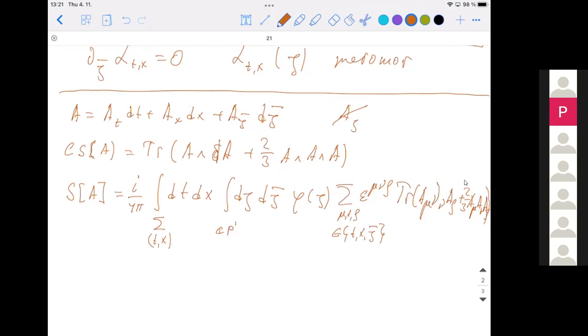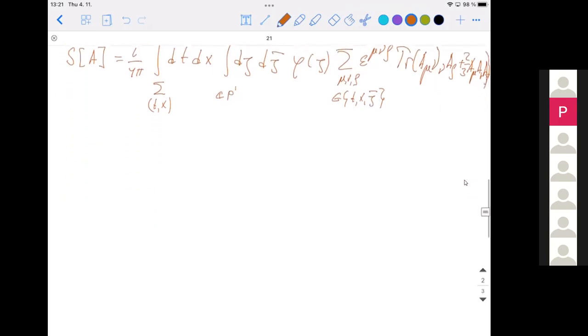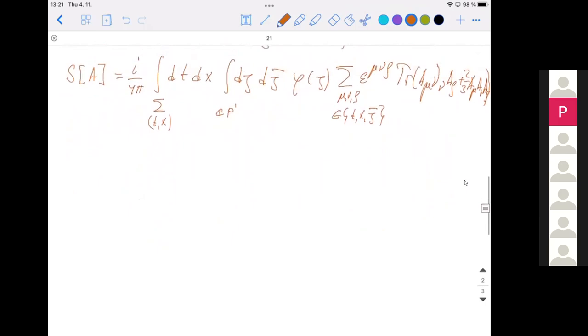Now we need to remember a little bit the 3-dimensional Chern-Simons theory, because we will use it a lot.